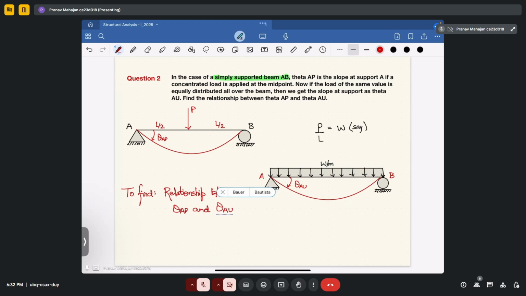Okay, so if you know all the standard results, then you can directly solve.